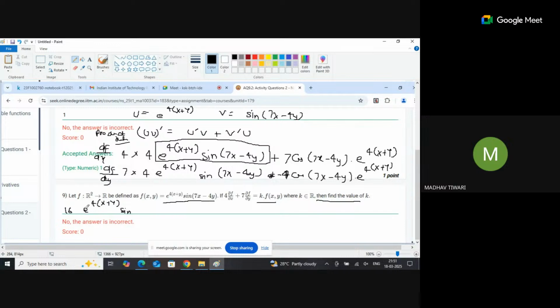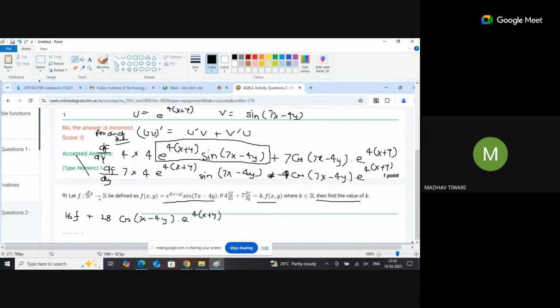So it will be 16f plus 4 multiplied by 7, so it will be 28 cos 7x minus 4y times e raised to 4x plus y.